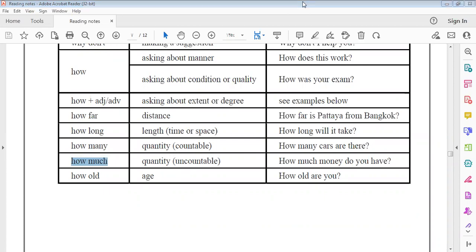How much sugar do you need, as you see in my chat box. I can say I need 2 kilos.